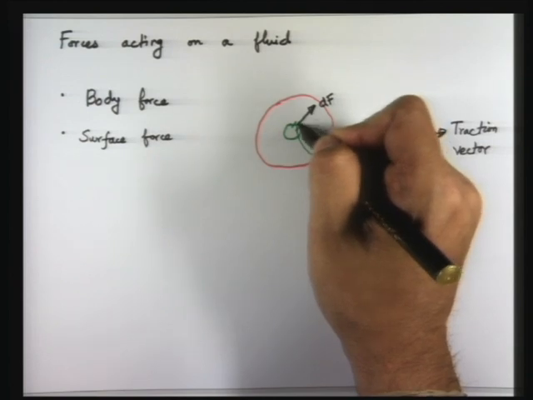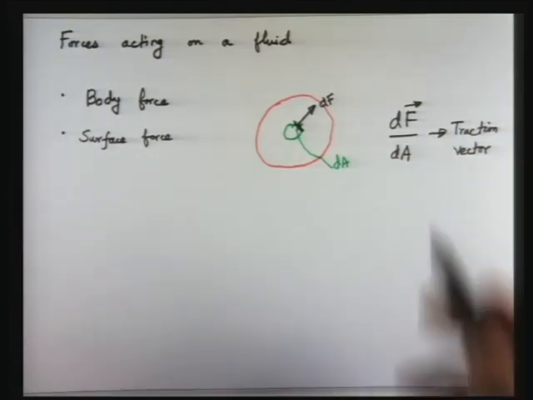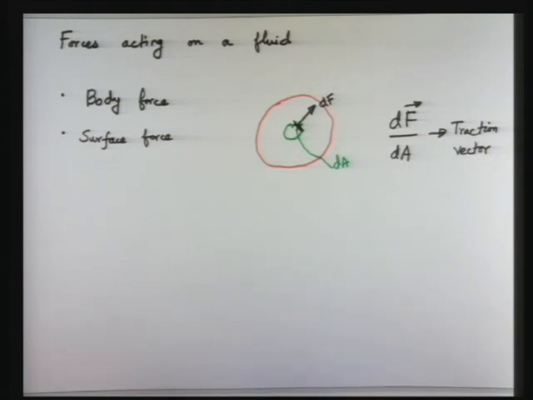Now if we change the orientation of dA, then the entire ratio dF by dA will change. That means this traction vector not only depends on the area dA, but also depends on the orientation of the area dA.